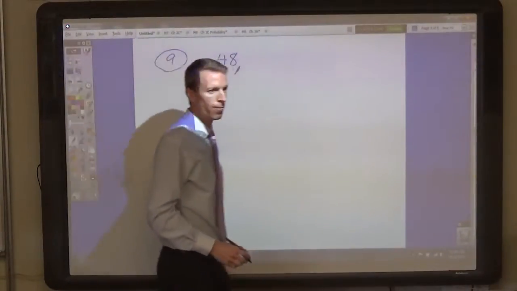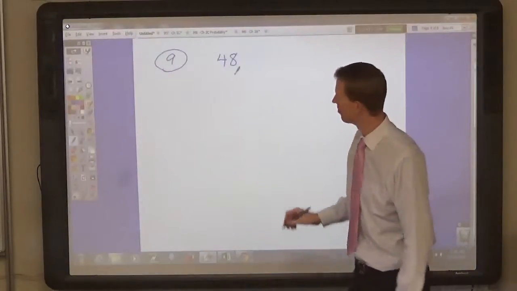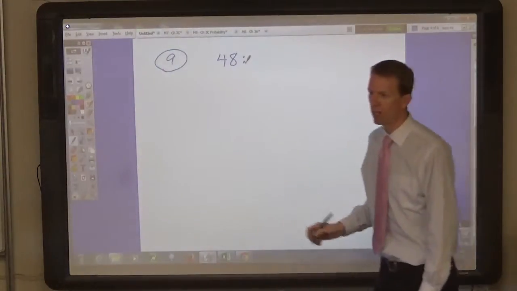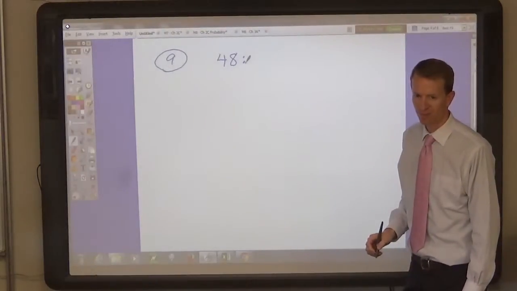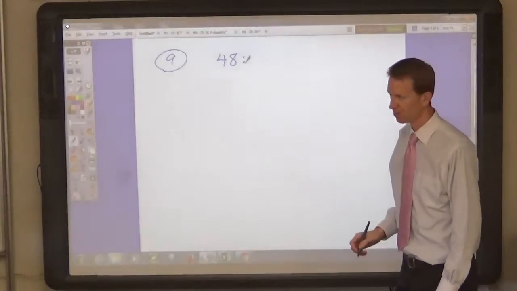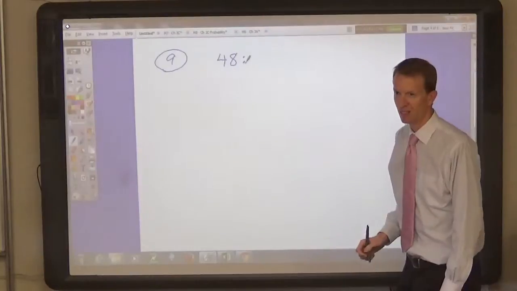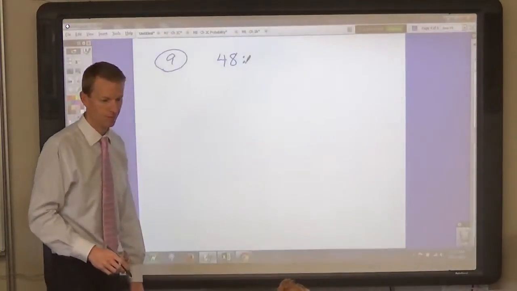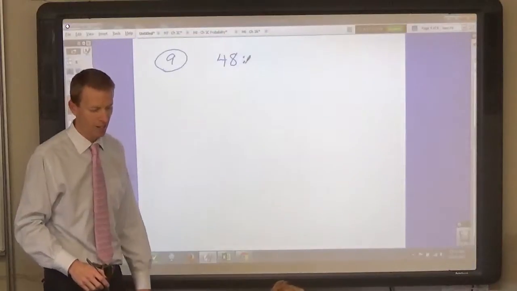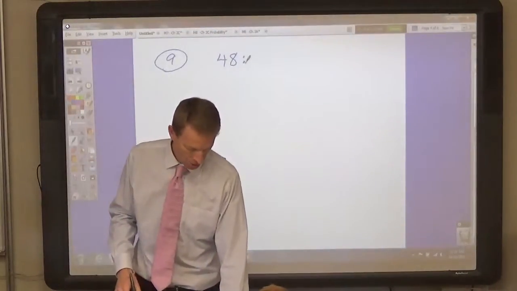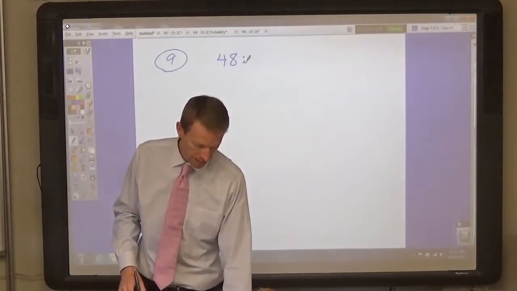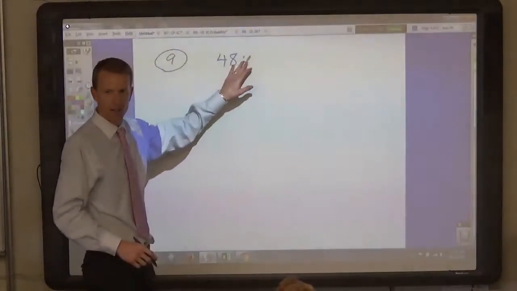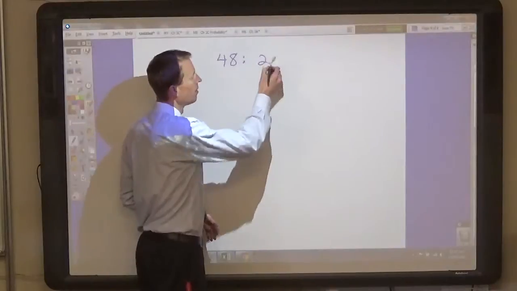So write down the number 48. Then put a colon. And list the numbers it's divisible by, from 2, 3, 4, 5, 6, 8, 9, and 10.